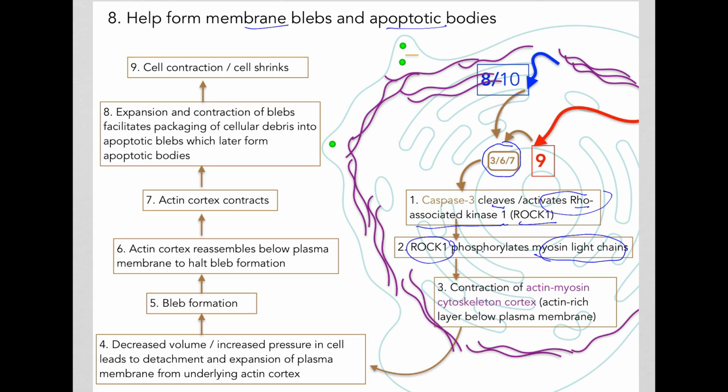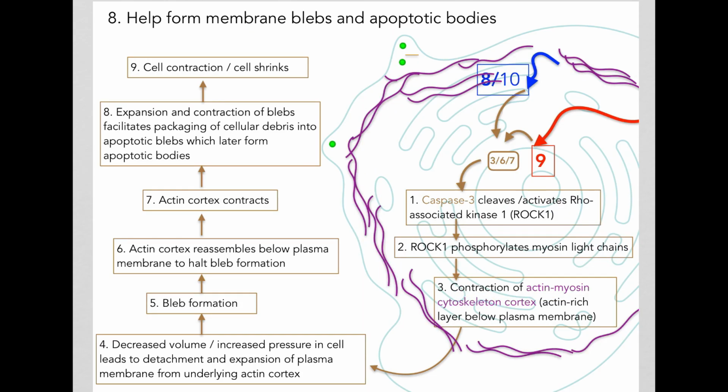Okay, myosin light chains. And just under the plasma membrane, there is this layer of actin-myosin cytoskeleton. Okay, so there is this layer just below the plasma membrane. So by activating the myosin light chains, that will cause the myosin light chains to contract, and this layer below the cell starts contracting.